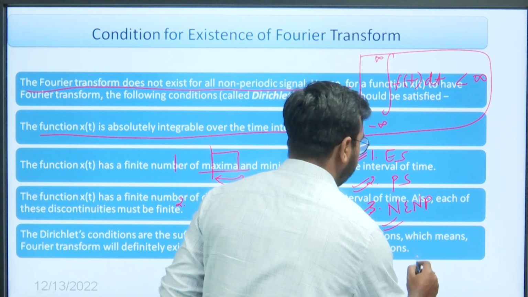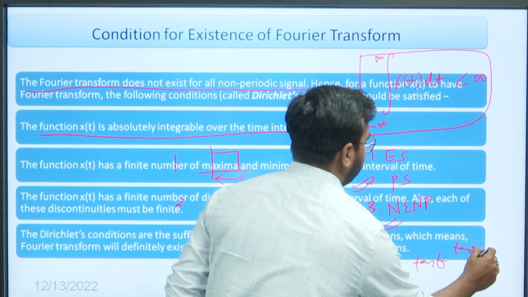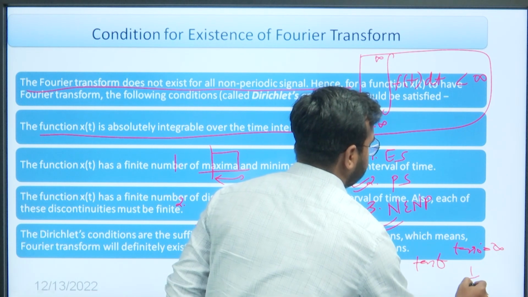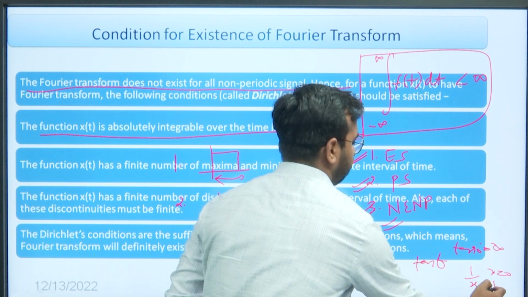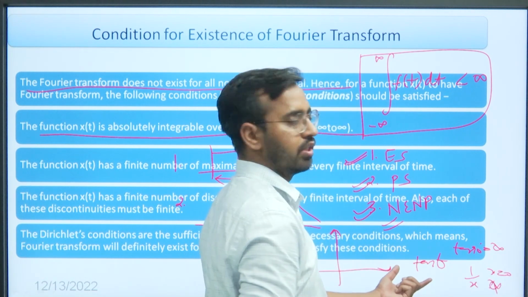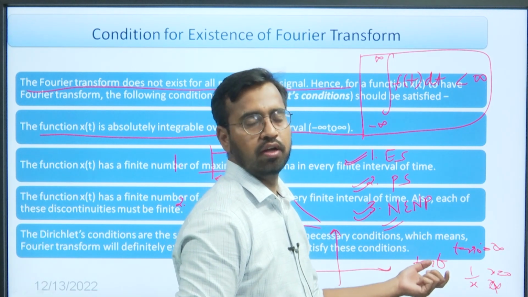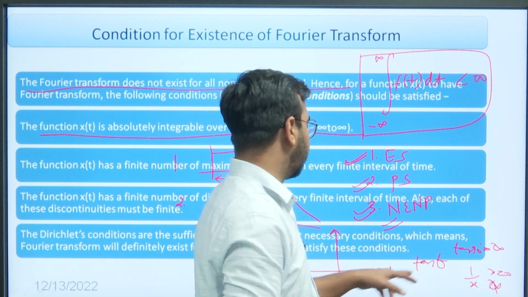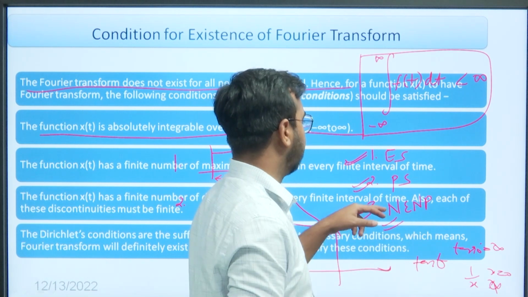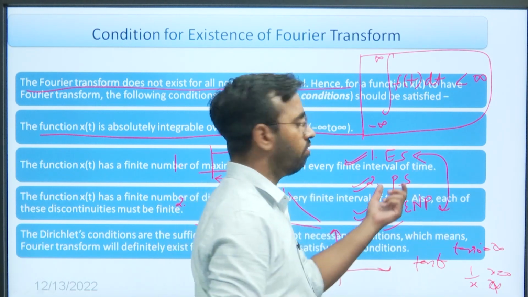For example, tan t, whose value at 90 degrees is infinite, or 1 upon x, which goes infinite at x equal to 0. Excluding these, all other signals fall in the category of power signal.